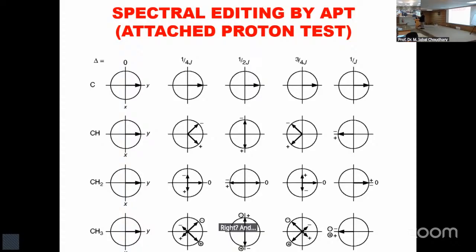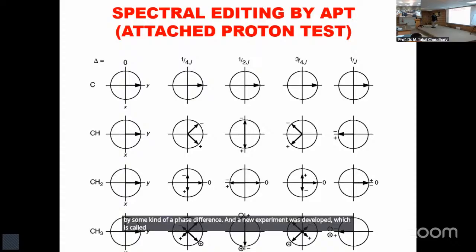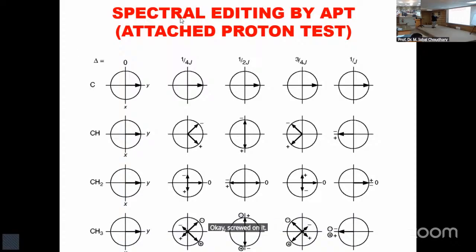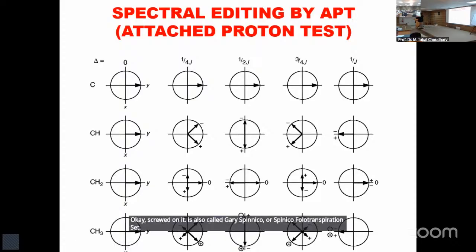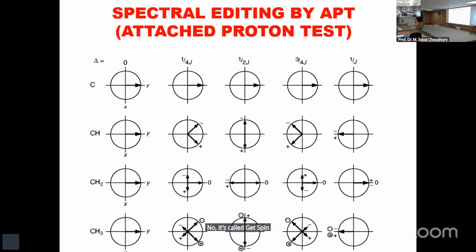People said, why don't we try to distinguish them by some kind of phase difference? And a new experiment was developed, which is called the attached proton test, also called APT.